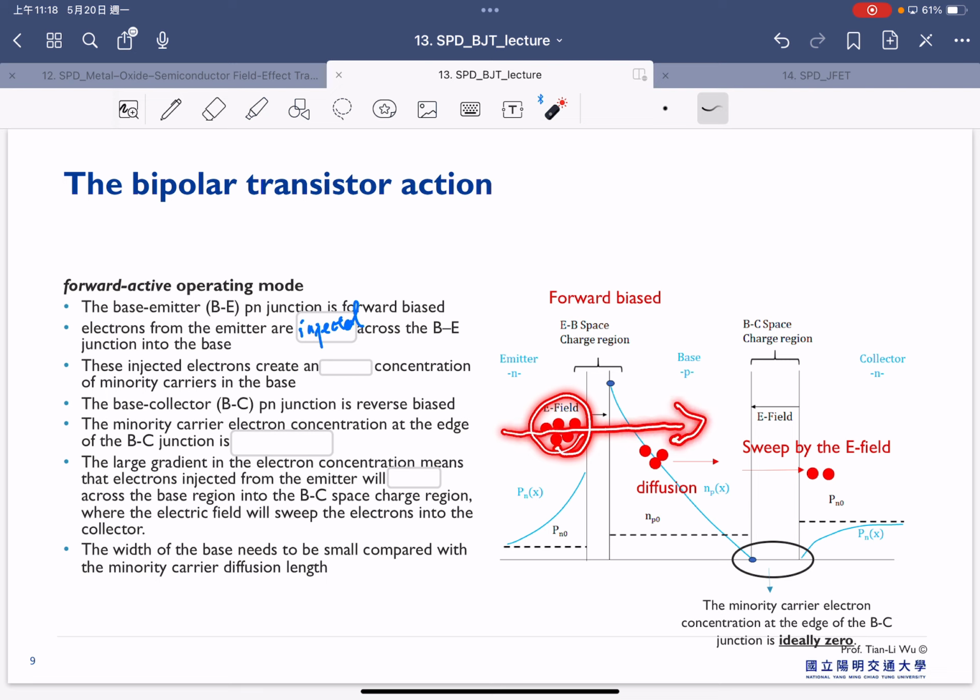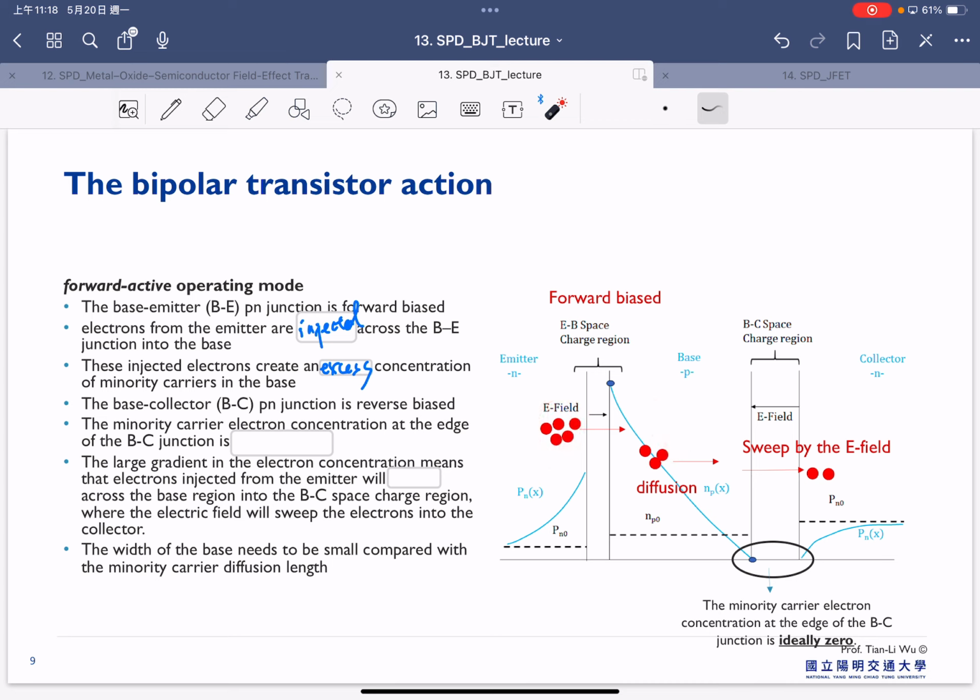And these injected electrons create an excess concentration. Once the electrons flow into the base region, which is mainly dominated by holes, the electrons in this region become an excess concentration.